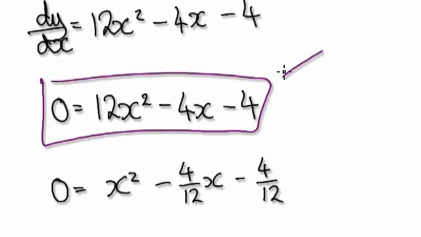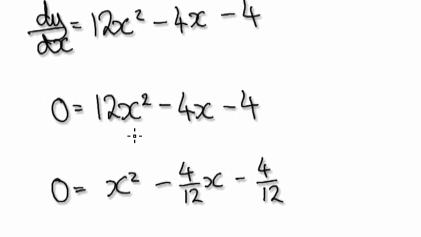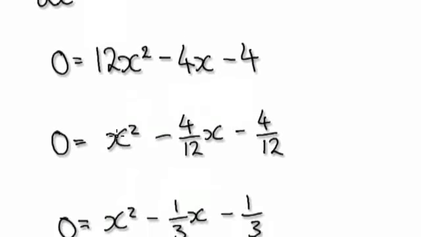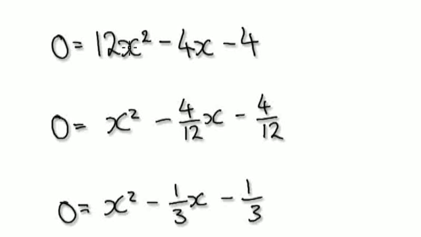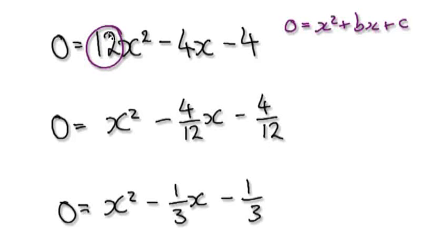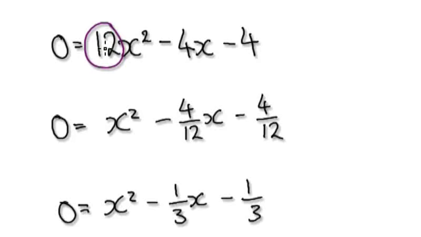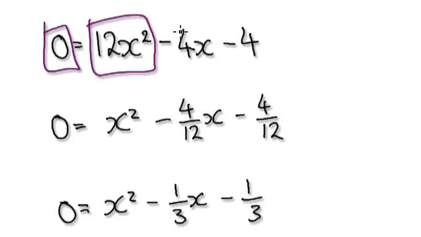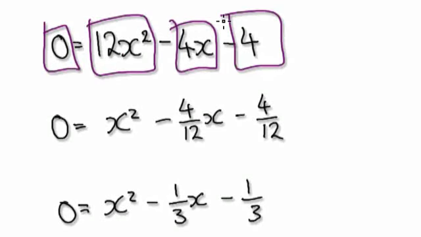Either use the quadratic formula, or just do it the way that I've been teaching you, which is that we are good at solving 0 equals x squared plus bx plus c. Because you've got this coefficient here, get rid of it.